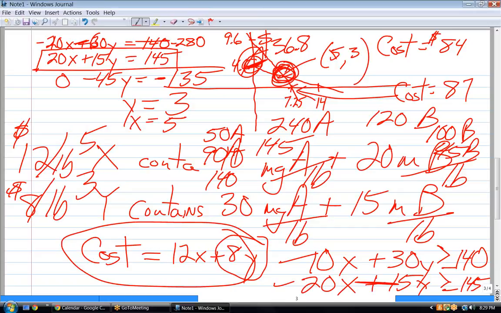Right. Okay. And one thing I've noticed, I don't know if this is just the way she did it, but all the problems she gave us, it was always the intersection point which is the answer. It's a little different. The linear programming problems in my book, usually you have to examine all the vertices, and it's not always the intersection point that produces a max or a min.